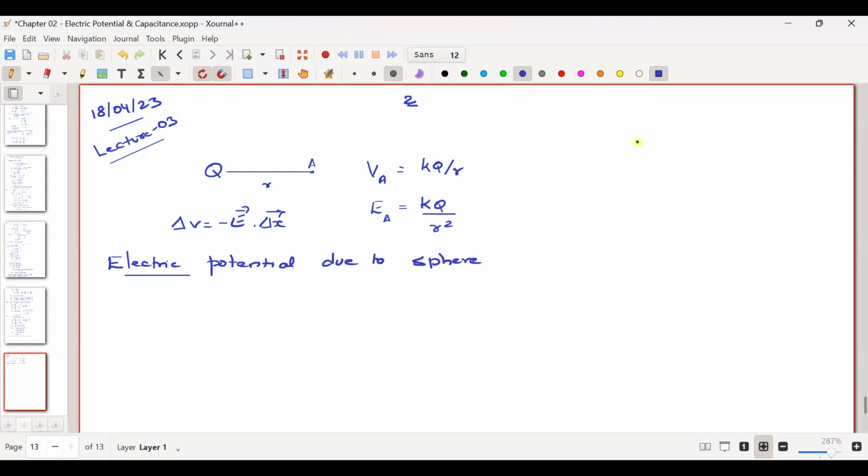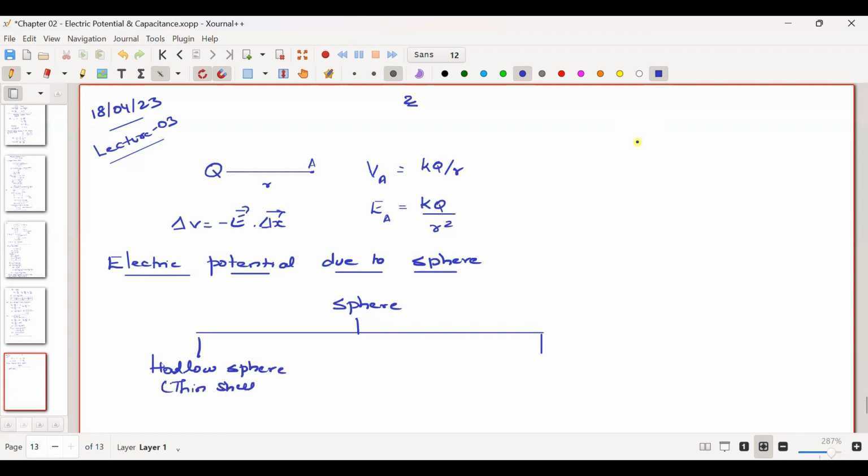Very similar to what we did for the electrical field. Here also, my sphere can be classified into two types. One is a hollow sphere, or I can call it a thin shell. And then I have a solid sphere.